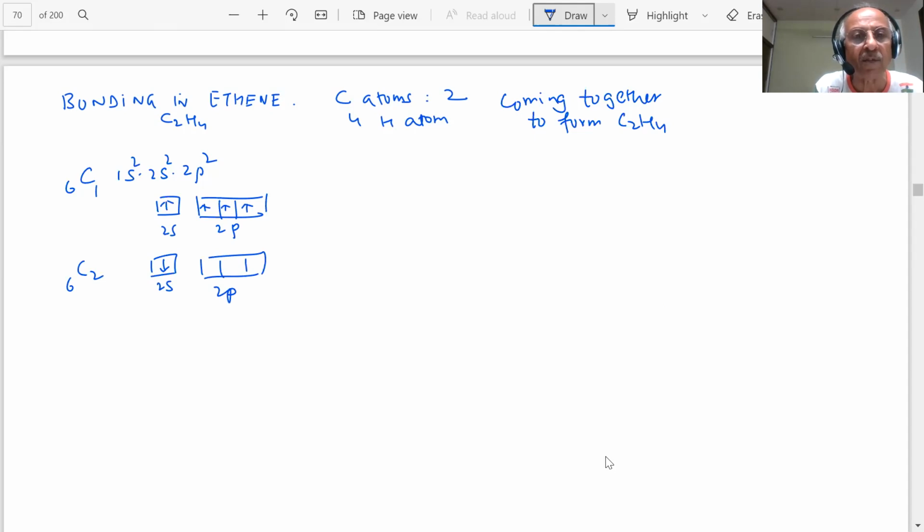And you have electrons in these 2 carbons, and hydrogens are coming. There are 4 hydrogens, and each hydrogen has one electron, forming a bond with a carbon. Let me put it like this, no problem.